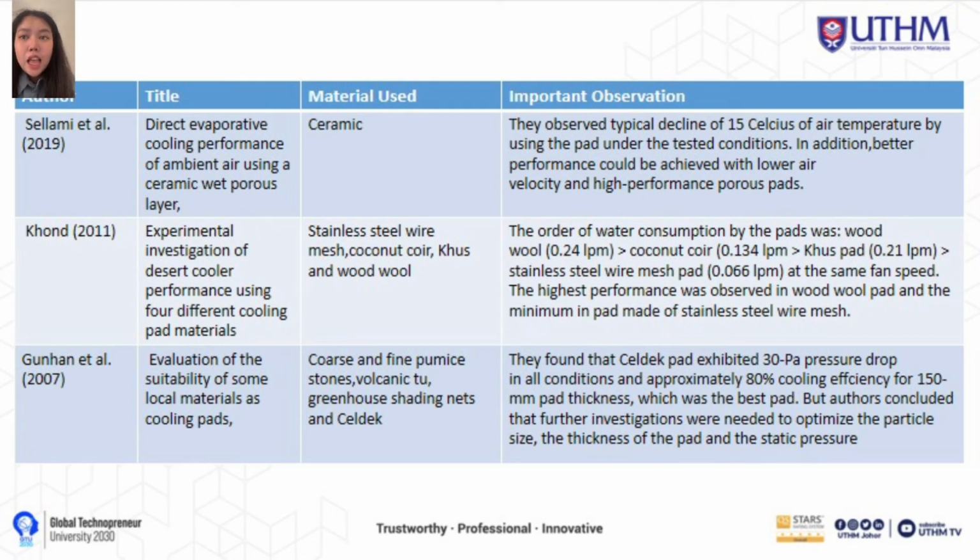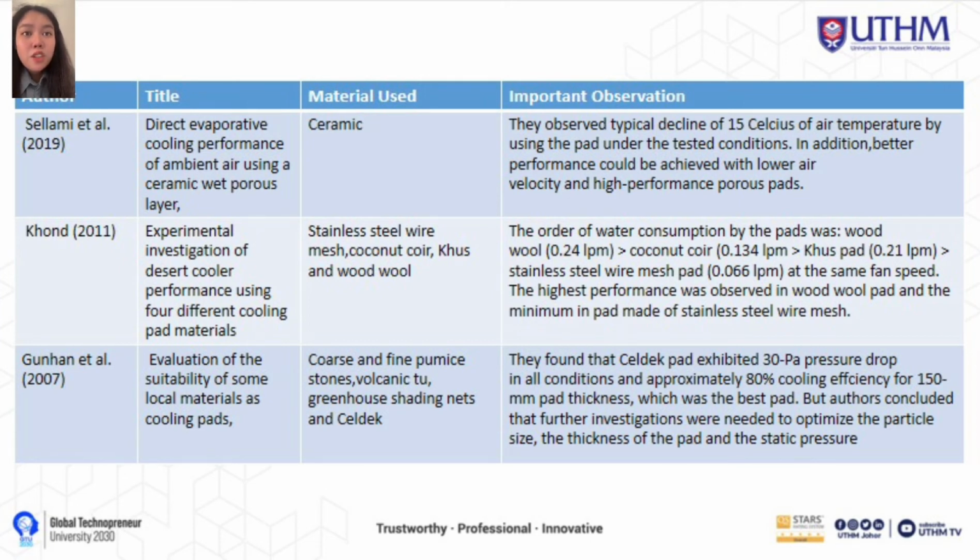porous pad. And the next is CON 2011, and the data is Environmental Investigation of Diesel Cooler Performance Using 4 Different Cooling Pad Materials. The materials used are stainless steel wire mesh, coconut coir, spruce, and wood wool.